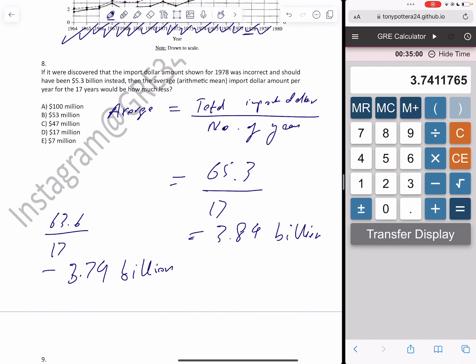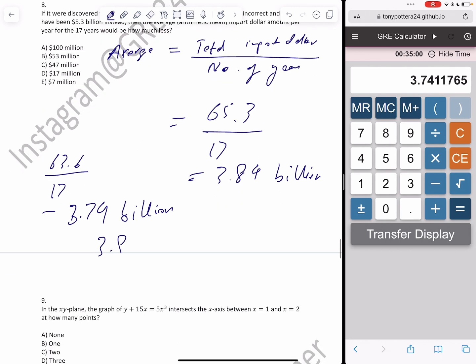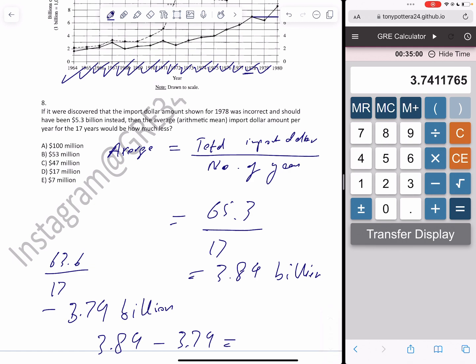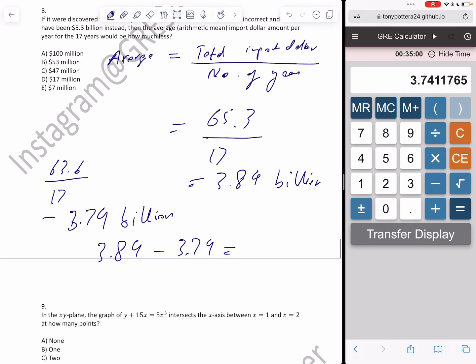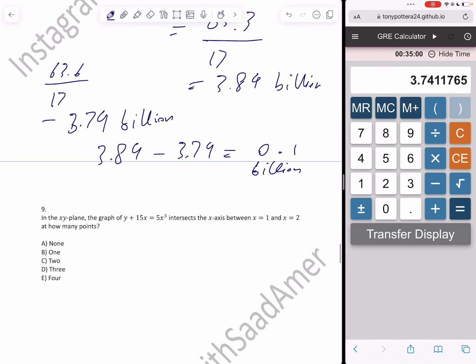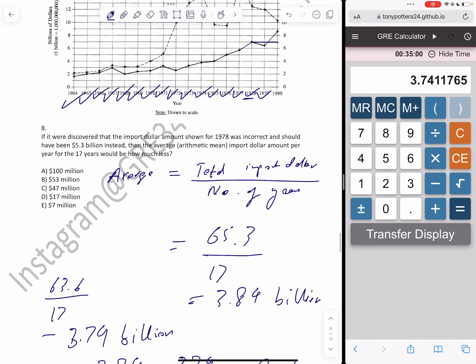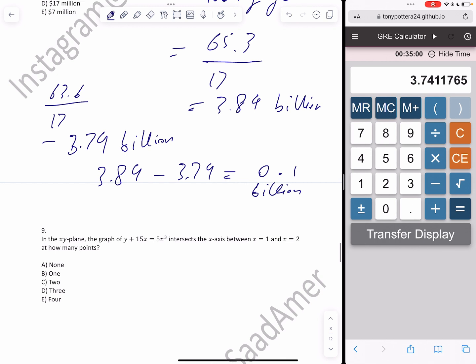So we need 3.84 minus 3.74. That's what they're asking us. How much less is the new average than the old average? So this is approximately 0.1 billion. And since the options are in million, billion is 9 zeros and we need to multiply 0.1.